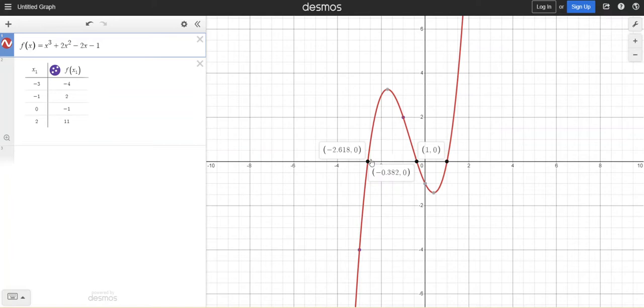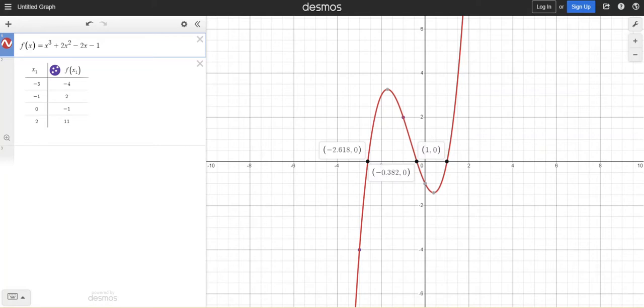So notice this section in here is above 0, from -2.62 to -0.38, the first part of our answer. And then this section over here is also bigger than 0, and that would start at x equals 1 all the way out to infinity. So you can graphically see that same answer.